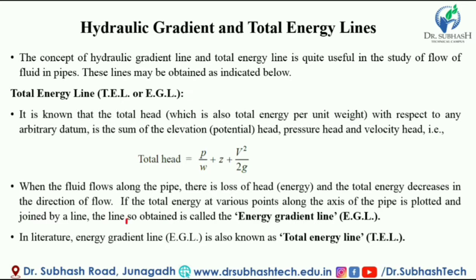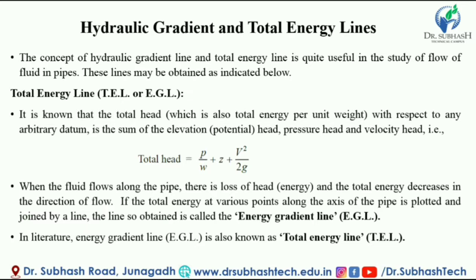Okay, if the total energy at various points along the axis of the pipe is plotted and joined by a line, the line so obtained is called the energy gradient line. In short, at various points we find the total energy with reference to the axis of the pipe and join these points to get the line.